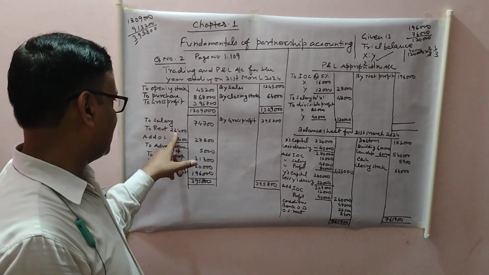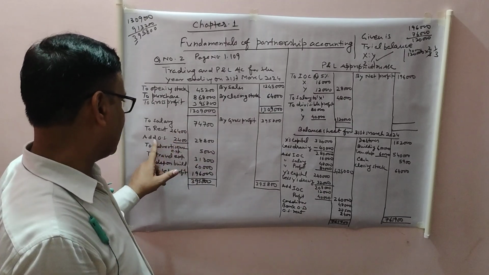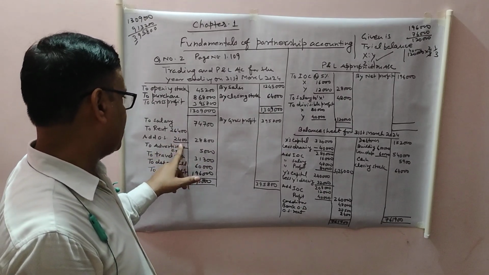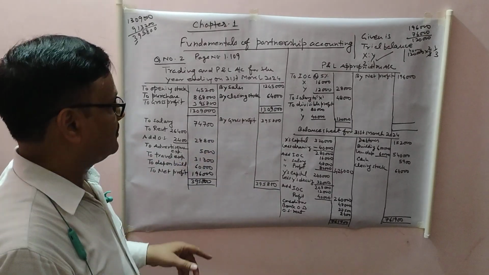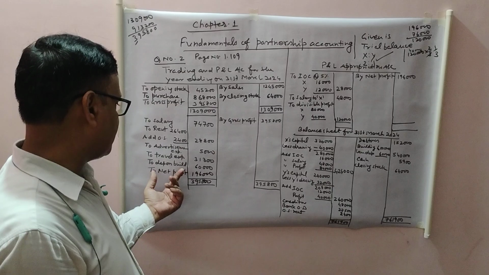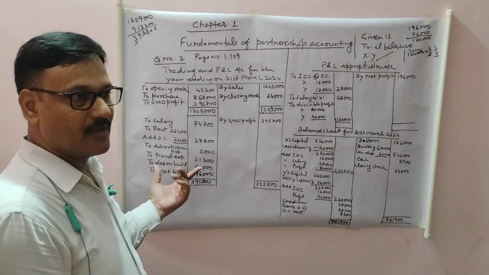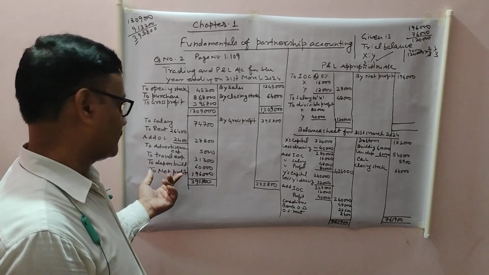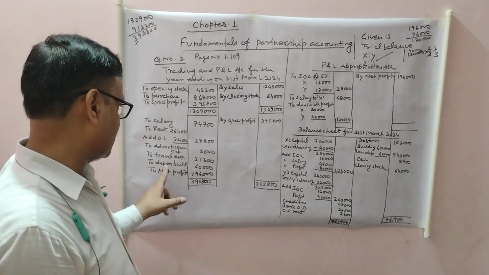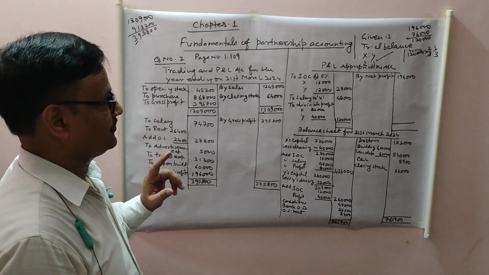Rent was given in the trial balance 26,400, but there was outstanding rent also, so we added this item and put the final figure here. There was a provision of depreciation on building. Building amounts to 6 lakhs in the trial balance, and depreciation of 10% was to be provided, therefore 60,000 is the depreciation that we mentioned here.